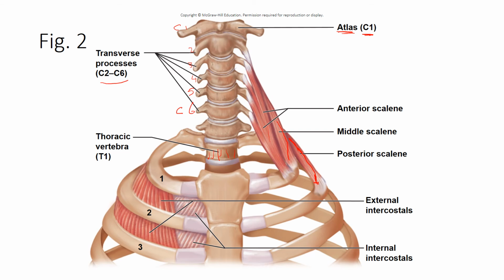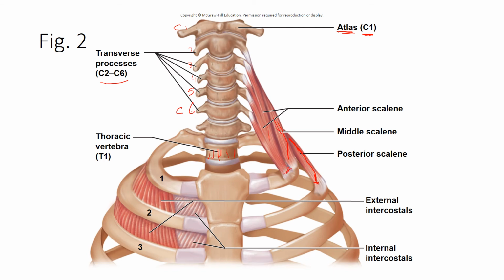So as you can see, the anterior one is taken from the transverse processes of the third, fourth, fifth, and sixth cervical vertebrae, and all insert on the first rib here laterally.